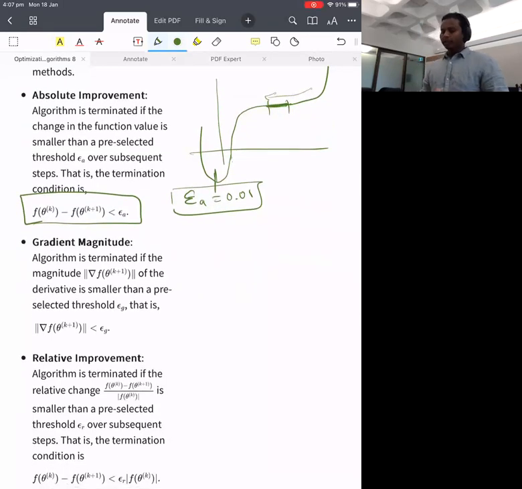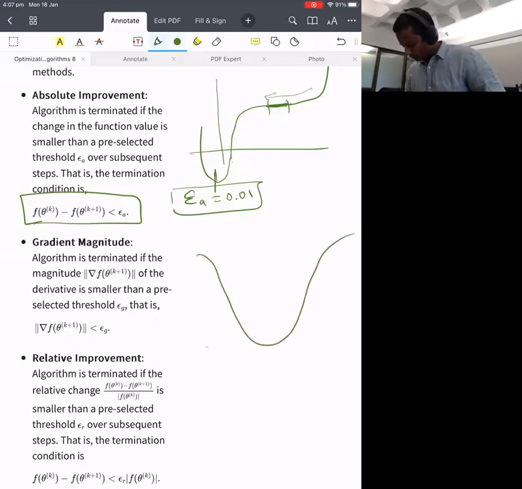And the second one uses the gradient, because in each iteration of the algorithms we are looking at, we compute the gradient. So why not use the gradient value to decide? As you can guess, at a local minimum the gradient is supposed to be 0. So when you're very close to 0, you stop.